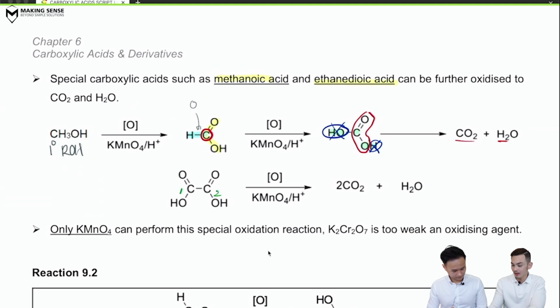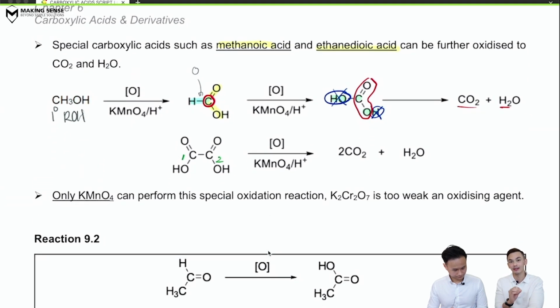Now, when you see a structure like this, just be mindful, it is not stable, so it will also undergo further oxidation. How does this work? It's a little bit more complex. You can see that there is some sort of cleavage. So we're going to chop this away, and you're going to add one more oxygen. Imagine we have one oxygen over here, and this oxygen is going to take the two hydrogens away.